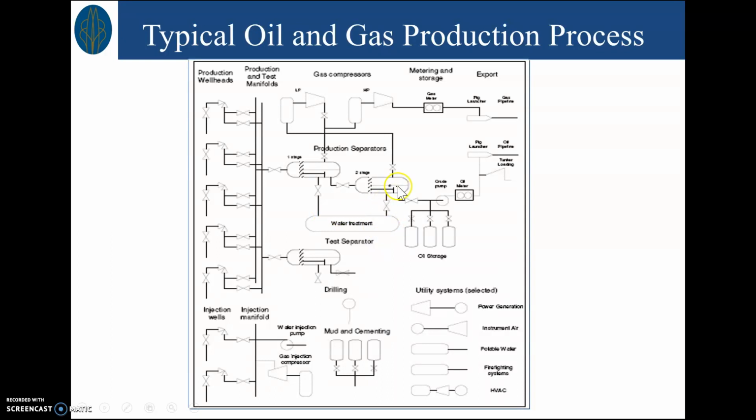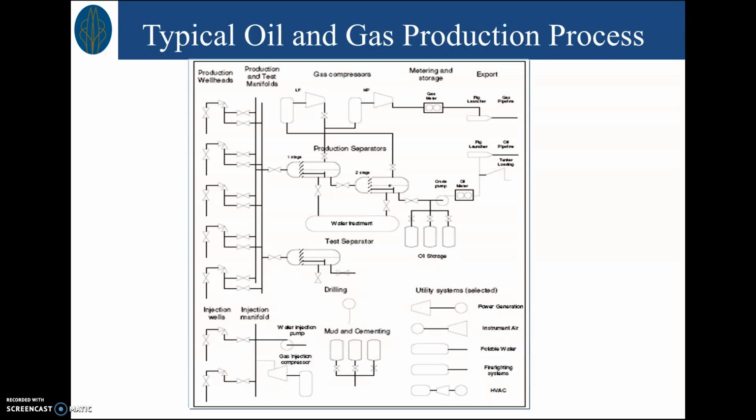The oil separated from all separators will be collected and directed to oil treatment facilities. The oil treatment facilities also depend on the complexity of these fluids. If you have, for example, a very complex fluid, very heavy and very contaminated, then we need very complex facilities.